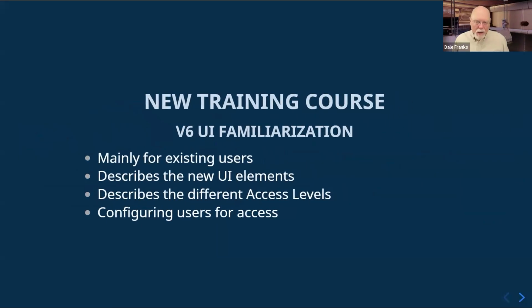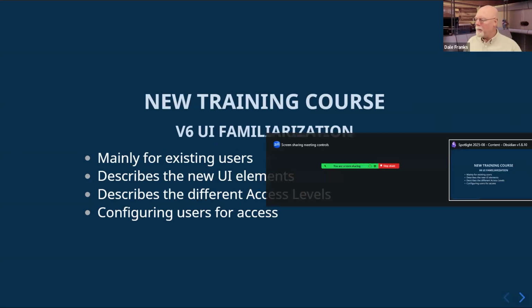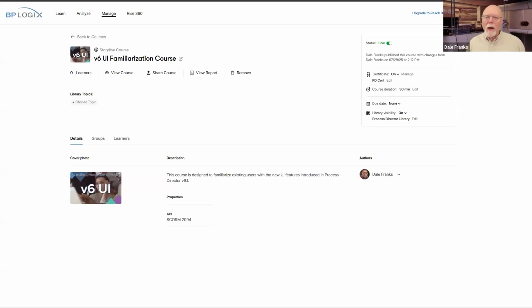The new training course that I have devised is called V6 UI Familiarization. It is currently available on the training portal, so you can go to the training portal, find this training course, and log in to take it.